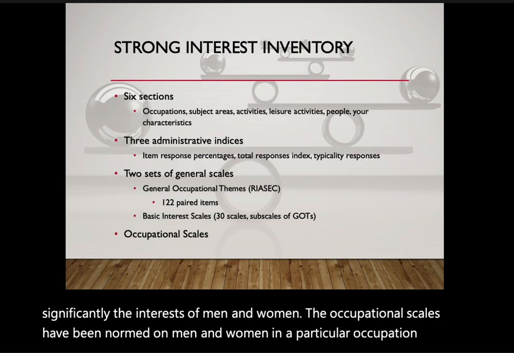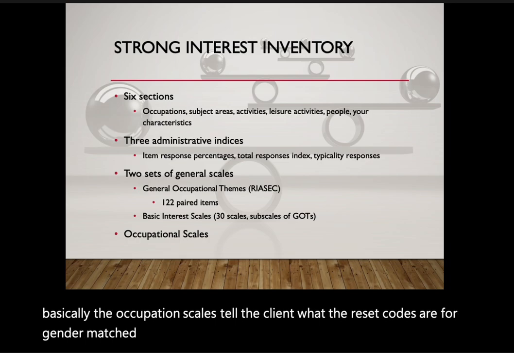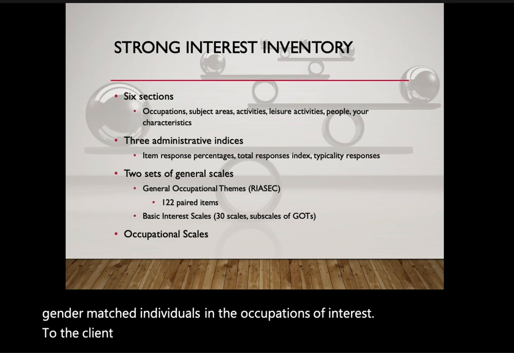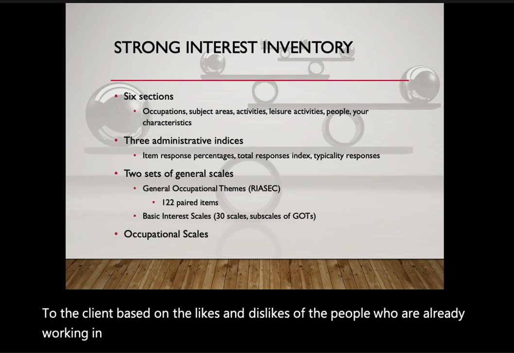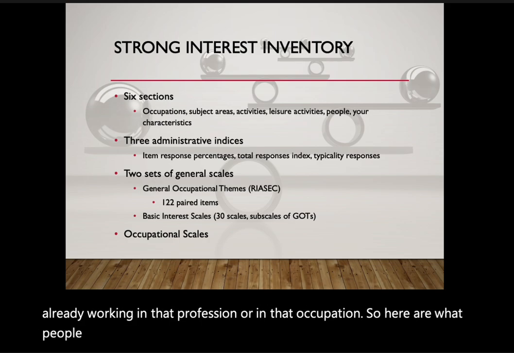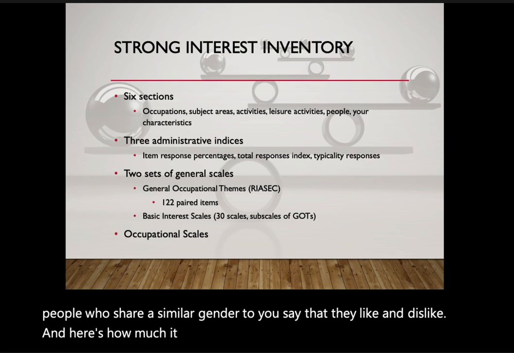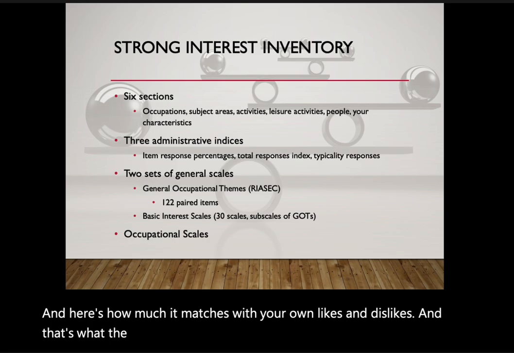So basically, the occupational scales tell the client what the RIASEC codes are for gender-matched individuals in the occupations of interest to the client, based on the likes and dislikes of the people who are already working in that profession or in that occupation. So here are what people who share a similar gender to you say that they like and dislike, and here's how much it matches with your own likes and dislikes. And that's what the occupational scales are.